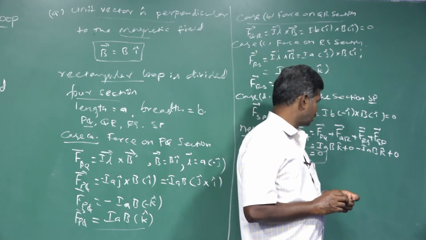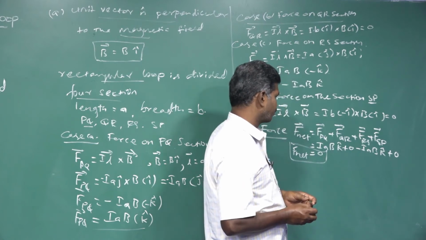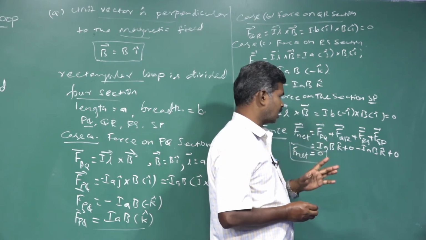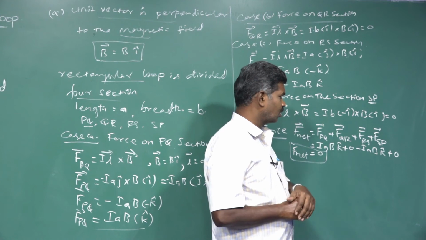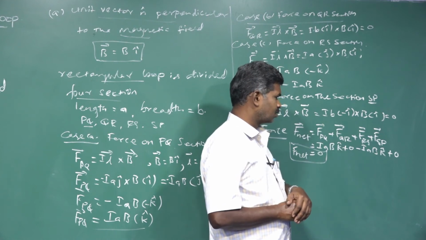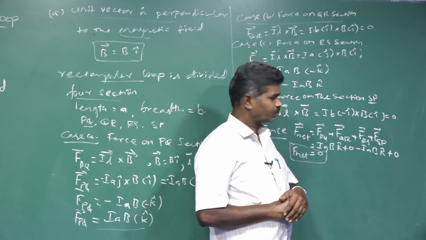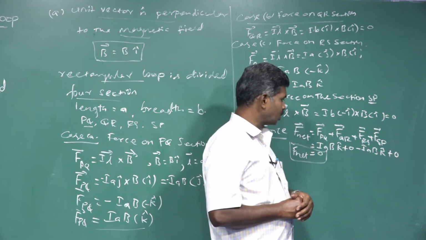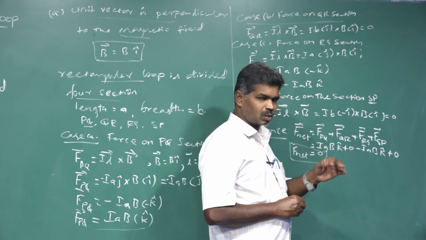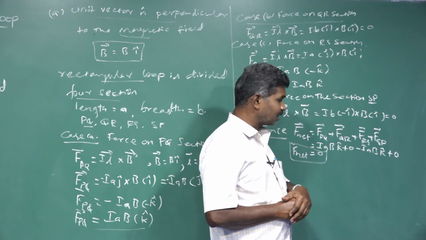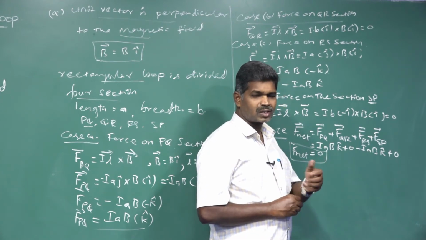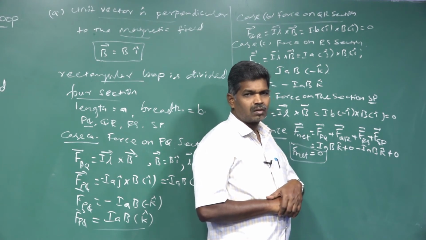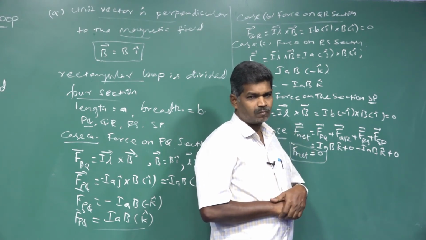But there we have 2 forces, F PQ vector and F RS vector. One acts in the positive Z direction, another one acts in the negative Z direction. So that's why the 2 forces are not coplanar.